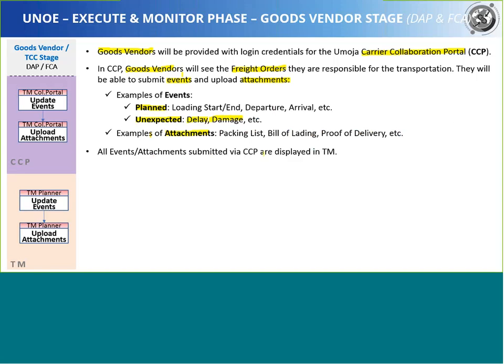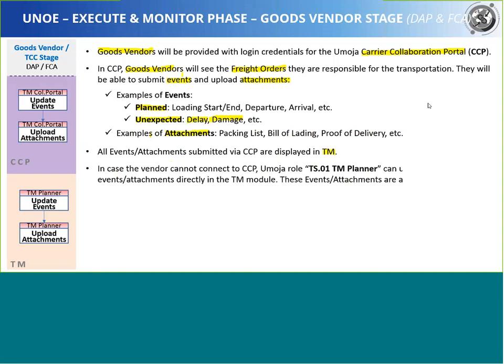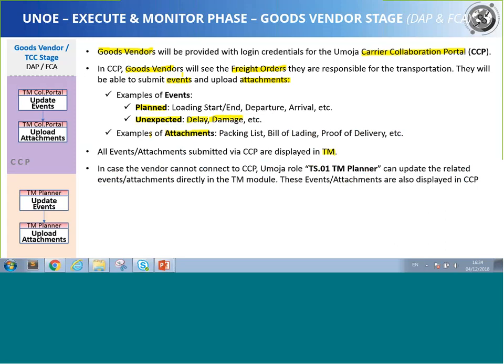As we said, all events and attachments are visible also from TM for UN staff. And the planners, so the TS01 role and also the TS02, the FO manager, they can submit events and attachments on behalf of the goods vendor. So they can do that directly in the TM module.